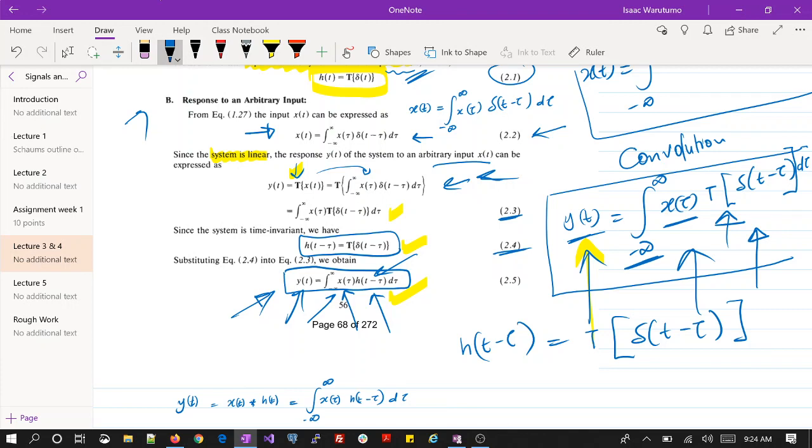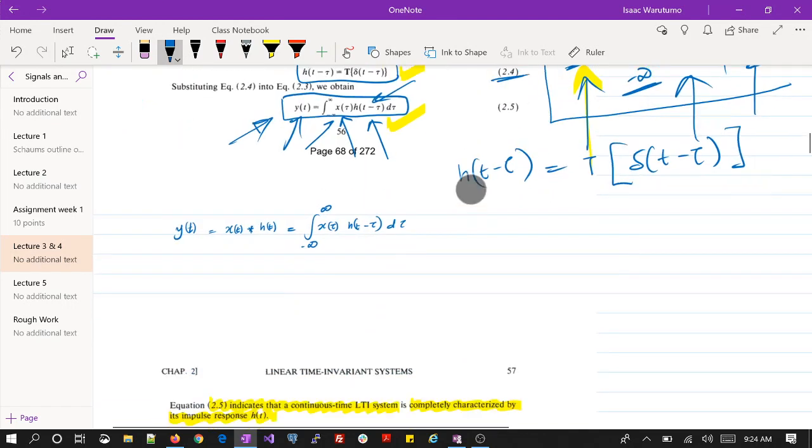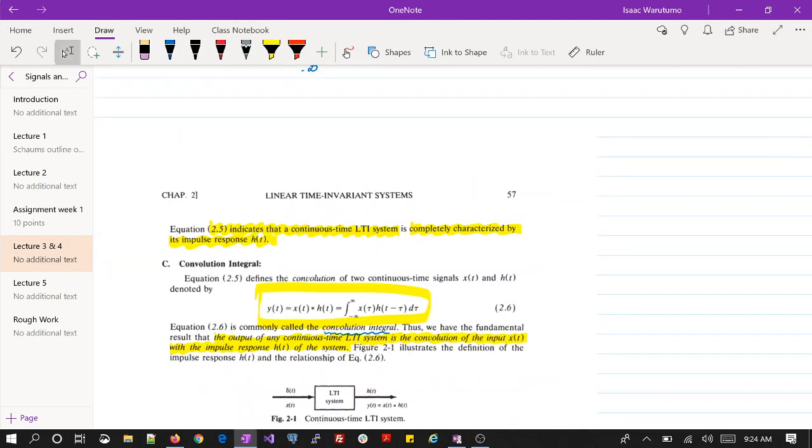So having said that, we see now that equation 2.5 indicates that a continuous time LTI system is completely characterized by its impulse response h of tau, h of t.